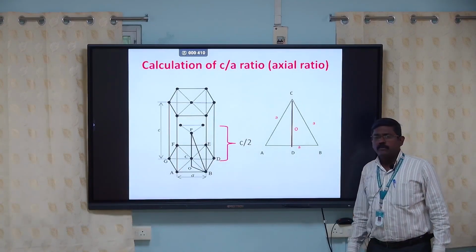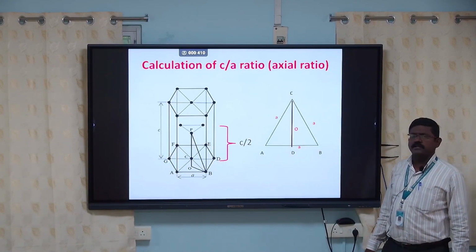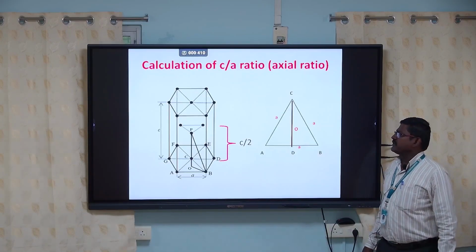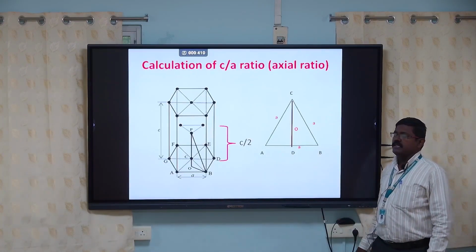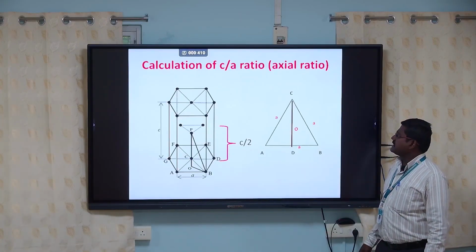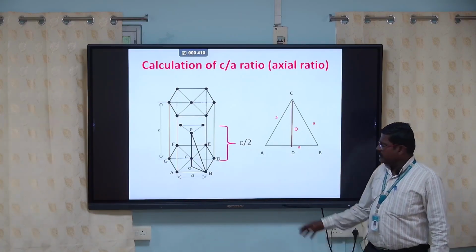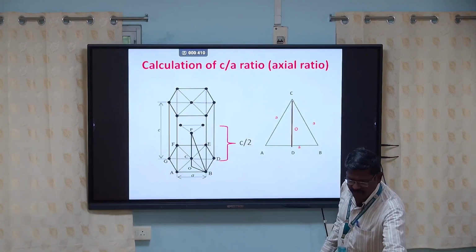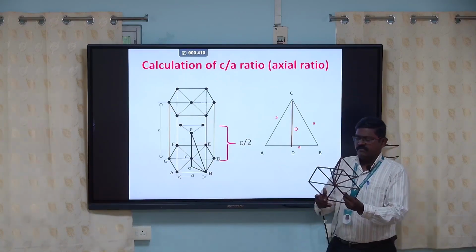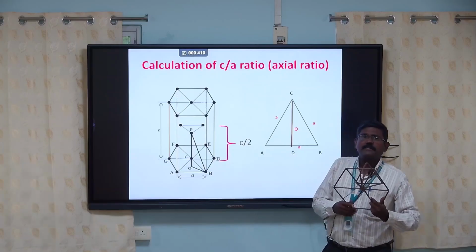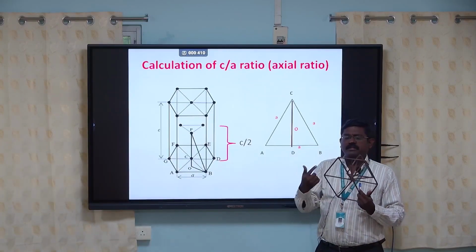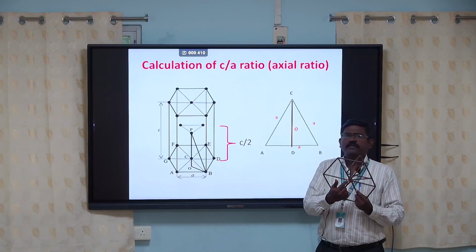And before we find another parameter, that is packing factor, in order to find the packing factor we need to find the C by A ratio, that is nothing but the axial ratio. So this skeleton is explained here. This skeleton structure of HCP. The triangles are formed by connecting the centers of all atoms with the center of the base center atom.